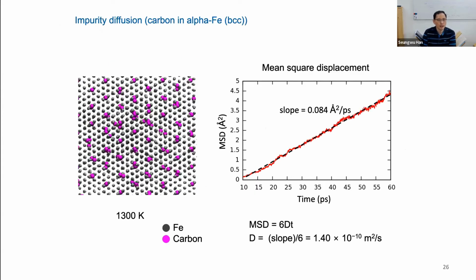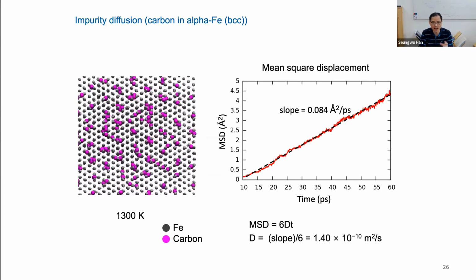All right. And this is the carbon in alpha iron, the diffusion of the carbon. And this black one is the iron, and there are some carbon atoms in an interstitial site. And here we are simulating the diffusion at 1300 Kelvin. So in a previous model, we discussed the activated state, but in this case, the diffusion occurs very fast, and so we can directly calculate the mean displacement out of the MD simulation, right?